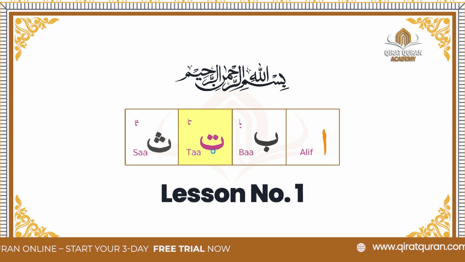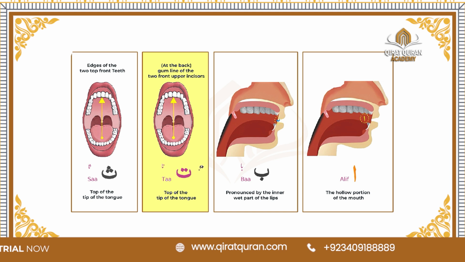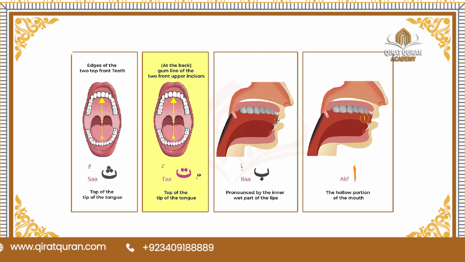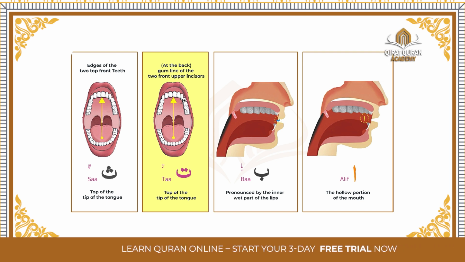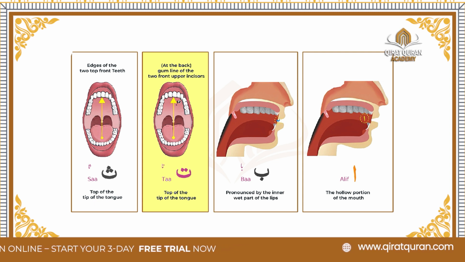Now look here in this picture. For Ta, we have to use the tip of the tongue, and we have to connect the tip of the tongue to the upper incisors, the gum of the upper incisors.